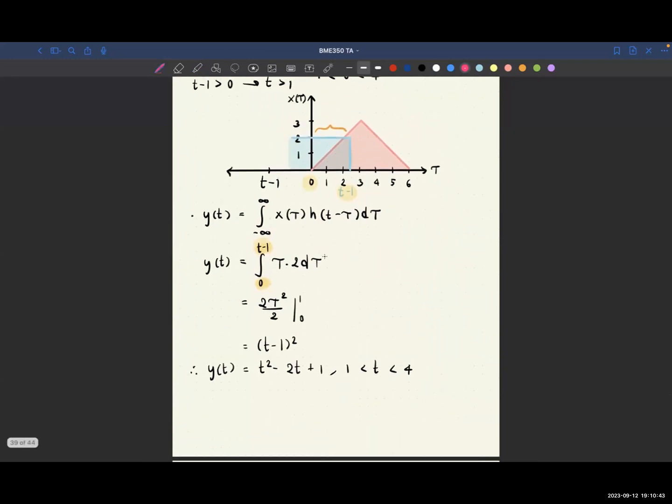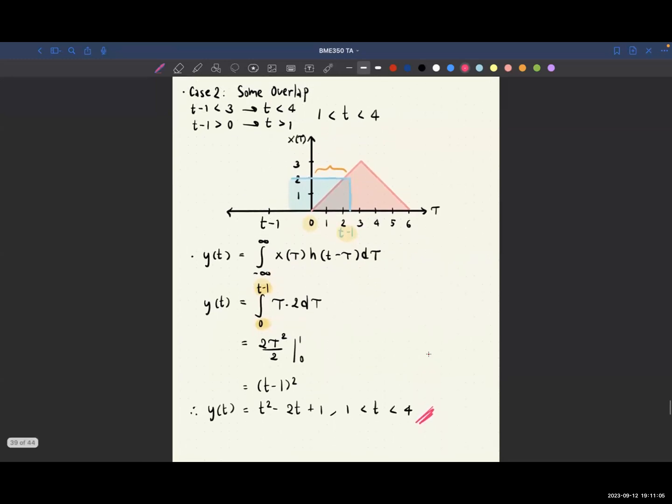Therefore, if we solve this equation, we're going to get this equation as the area under the graph in this scenario. We're going to mark this answer and save it for later.